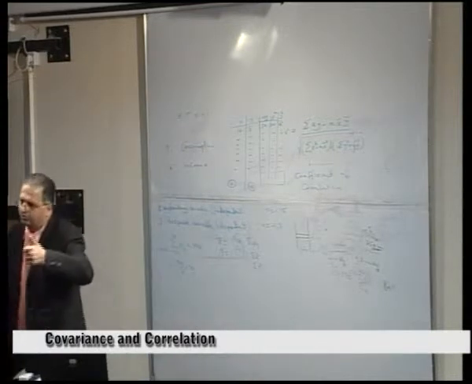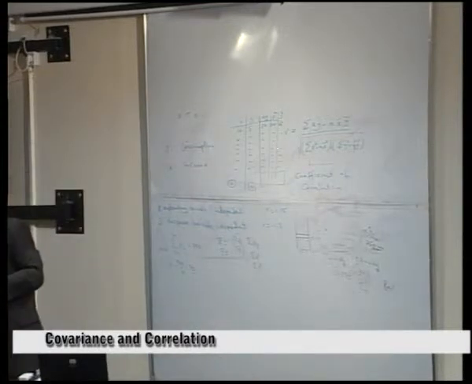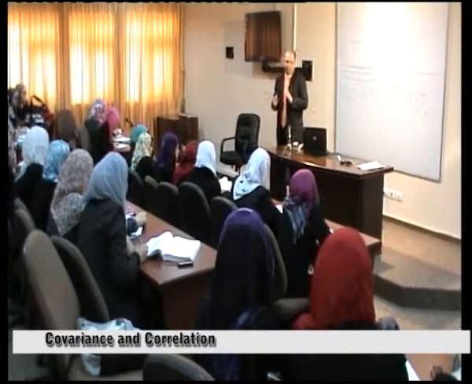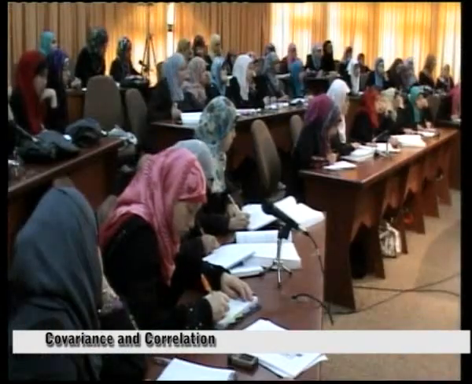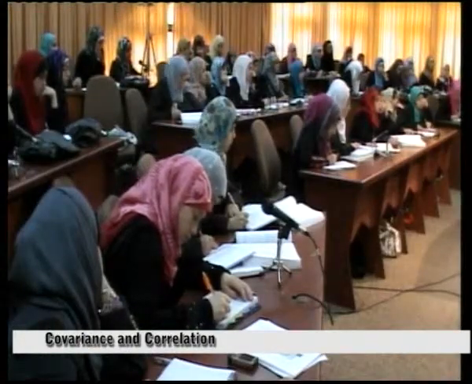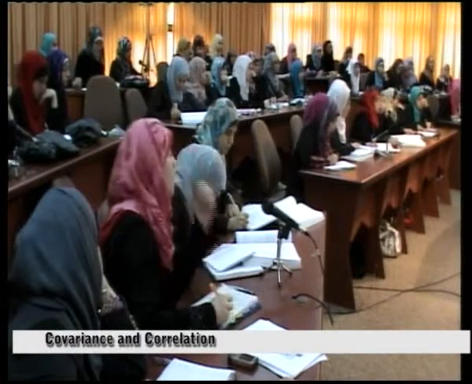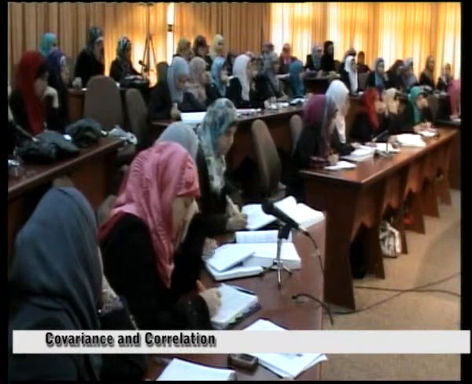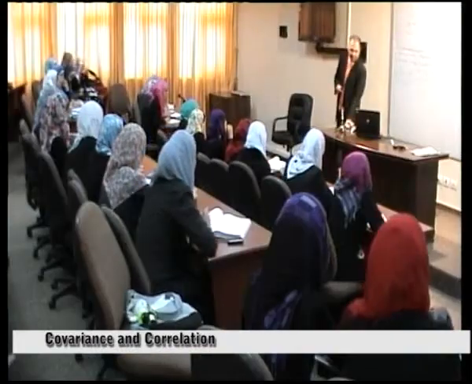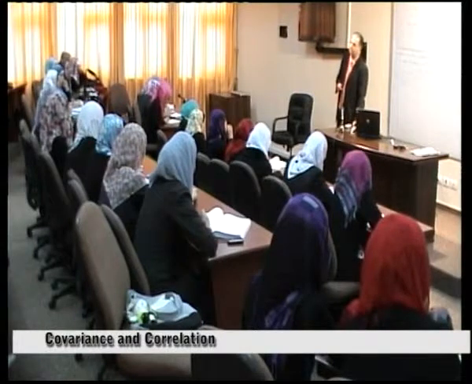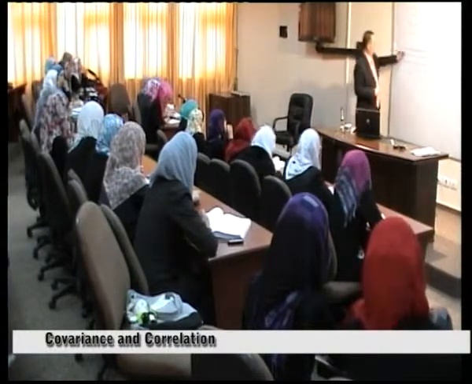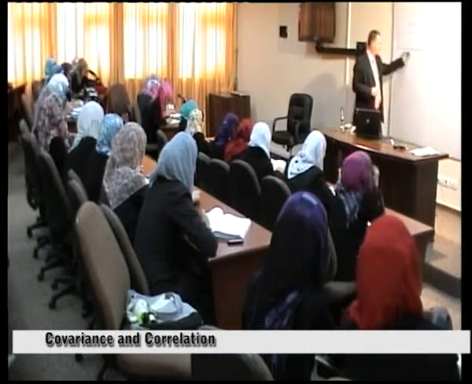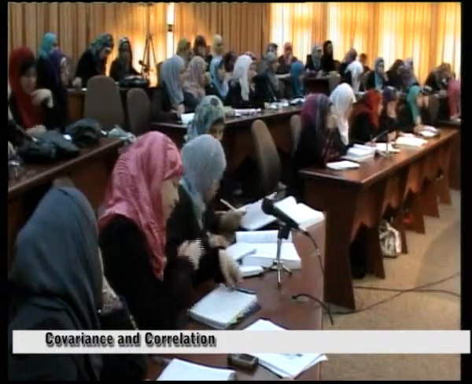Questions? I think it's straightforward. Maybe the easiest topic in this book is to compute the correlation coefficient. Now my question is, do you think outliers affect the correlation coefficient? We said last time outliers affect the mean, the range, the variance.